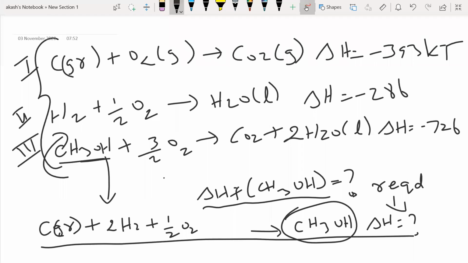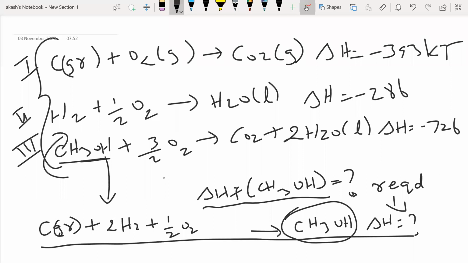Please give me a yes if everybody understood the first step. Sure, I'll repeat. You have the required equation with you. One type of problem can ask you the difference between delta H and delta E. The second type directly gives you the enthalpies of formation of all the reactants and products and asks for the overall enthalpy.